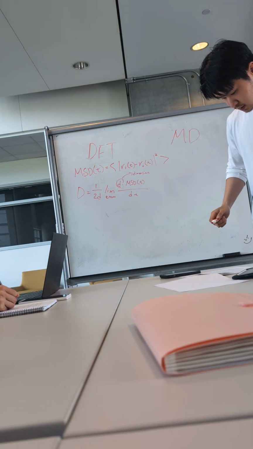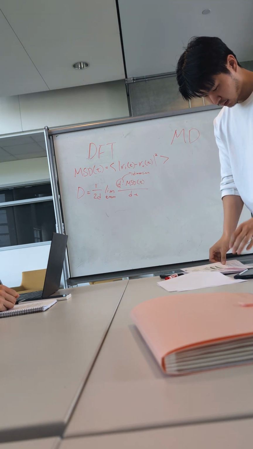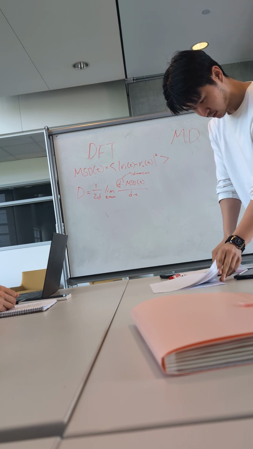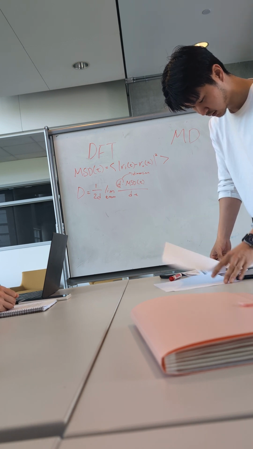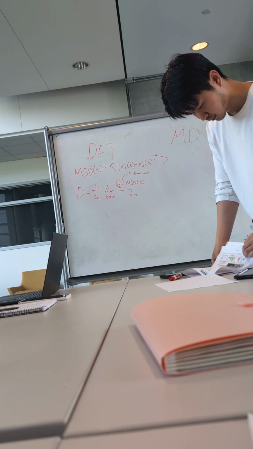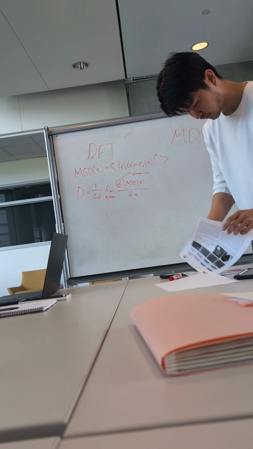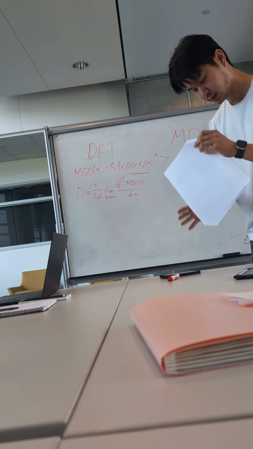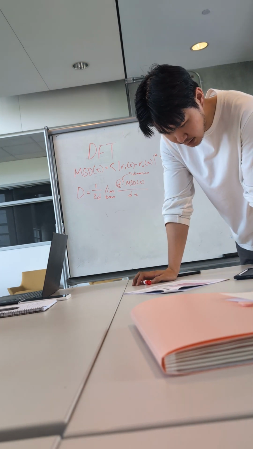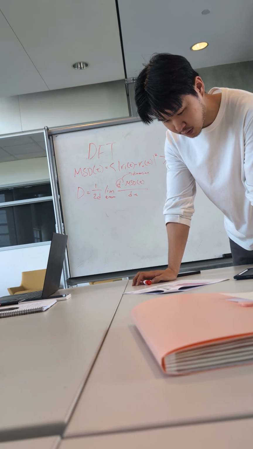So if you guys look at page 6, I'm sure all the battery part you guys are familiar with. If you look at page 6, the images C, D, E, F, G, H, these 6 are the MD simulation results.